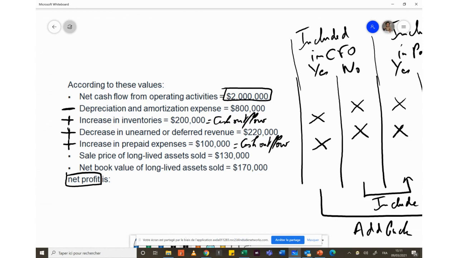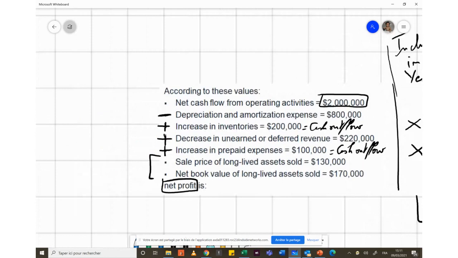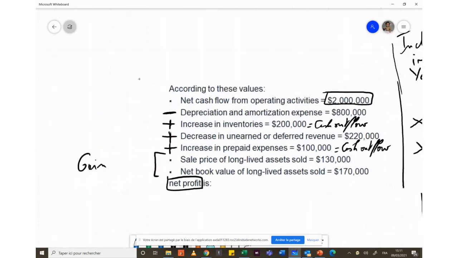With the sale price and the net book value, you have the calculation of the gain or loss on disposal of property, plant and equipment, and intangible assets.